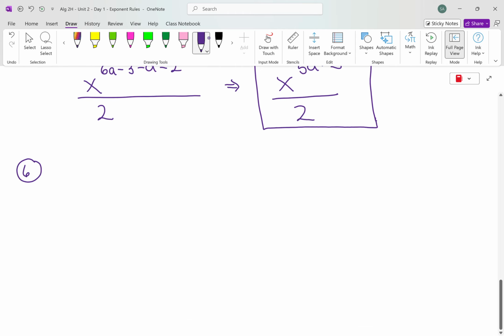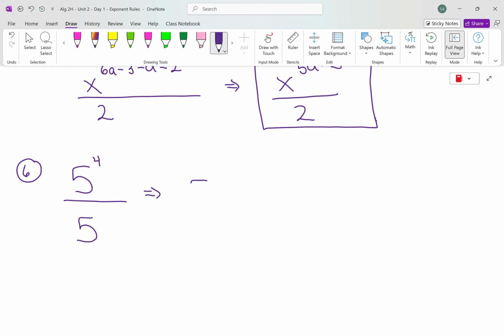Okay, one more division problem. All right, let's do this. 5 to the 4th divided by 5. Is 5 a coefficient or is 5 a base?